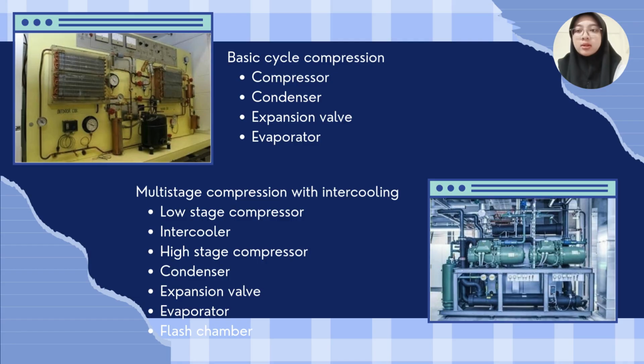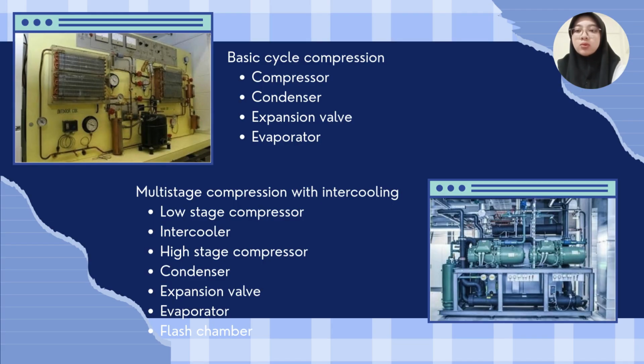Low-pressure compressor: the vapor is partially compressed to an intermediate pressure. Intercooler: the partially compressed vapor is cooled before entering the second compressor. This reduces the required work for further compression.